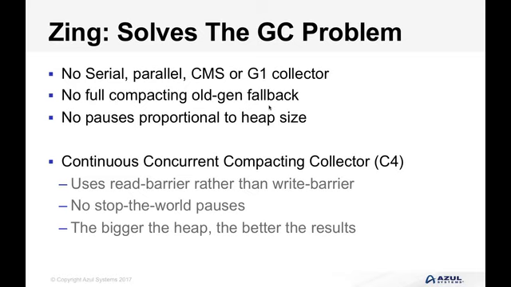So every time you try to use an object reference, we intercept that and we decide whether or not the reference is correct. That way, if we need to run garbage collection whilst your application threads are running, we can do that. That means that we can move objects around, we can compact the heap space as the application threads are running. We don't see significant stop-the-world pauses, and we also find that with heaps, the bigger the heap, the better the results you get.